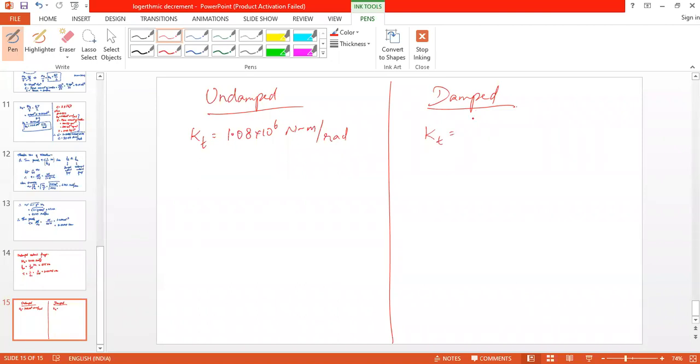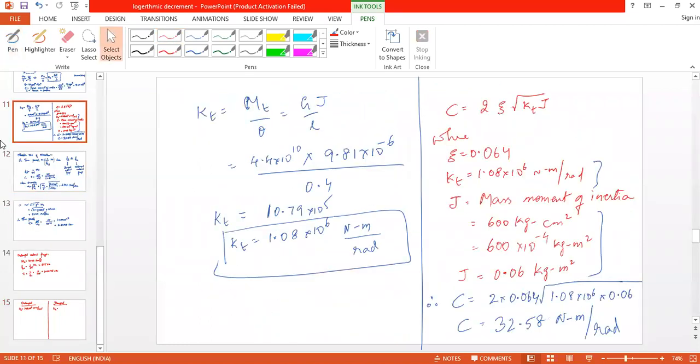So, what about the value of Kt in case of damped system? Is it same or different? The torsional stiffness is dependent on Gj by L, right?